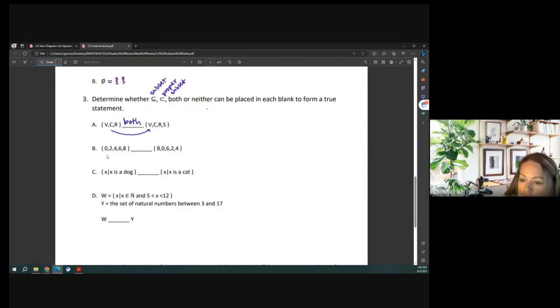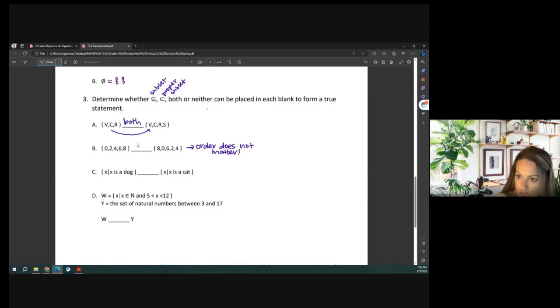Okay. B, we have 0, 2, 4, 6, 8, and then we have 8, 0, 6, 2, 4 on the right. One thing that we need to know is that order does not matter. So these 2 sets are actually the same.